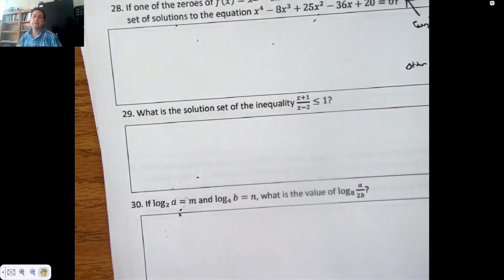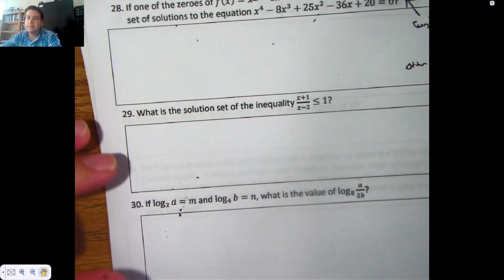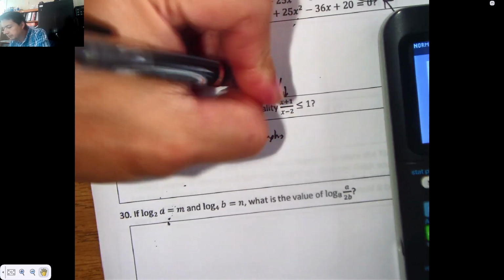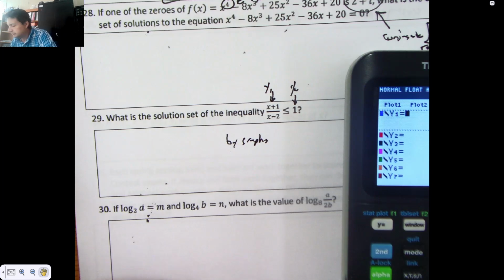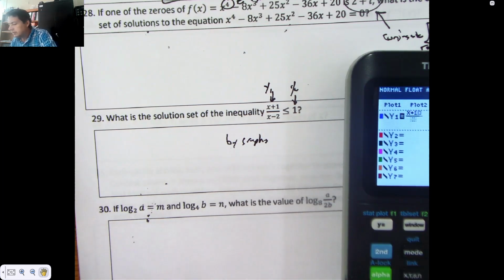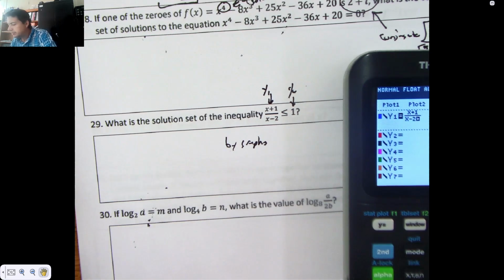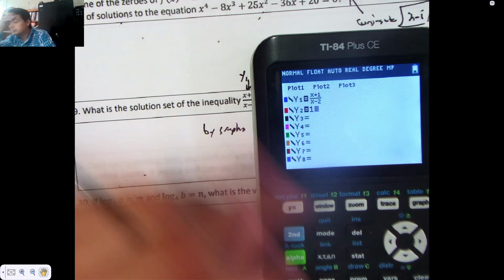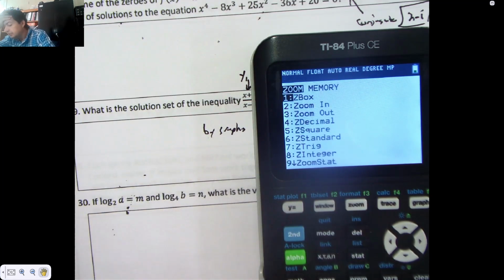Solution set of the inequality x plus 1 divided by x minus 2 is less than or equal to 1. And I'm going to do this by graphing. Put you in y1, I'm going to put you in y2. Things like this were actually pulled from your standards this year. You don't have to do them. It is what it is. Zoom 6.